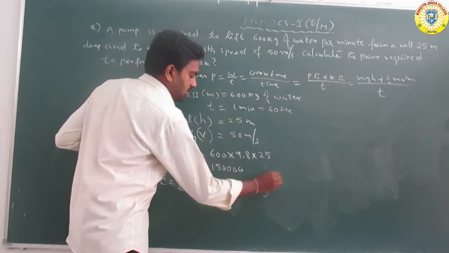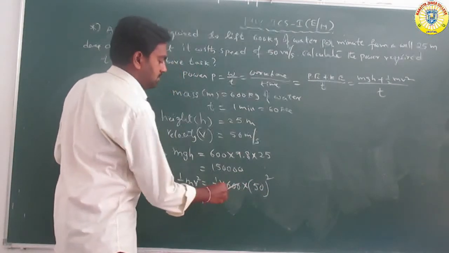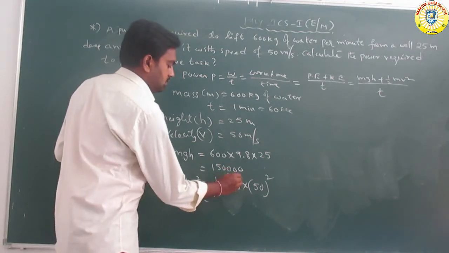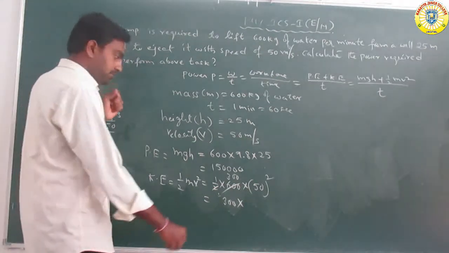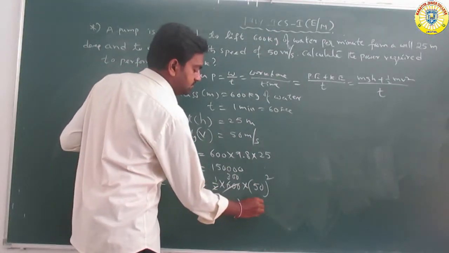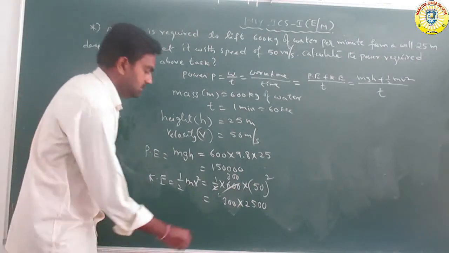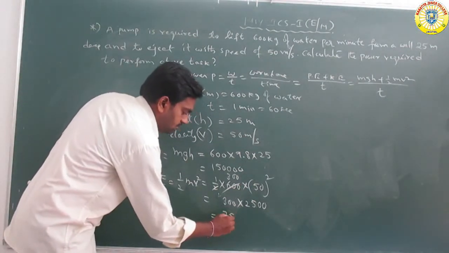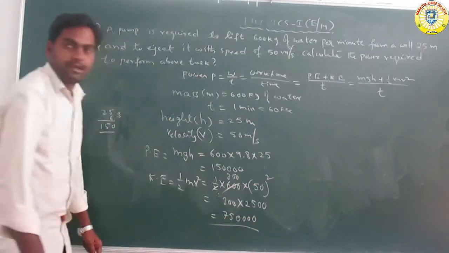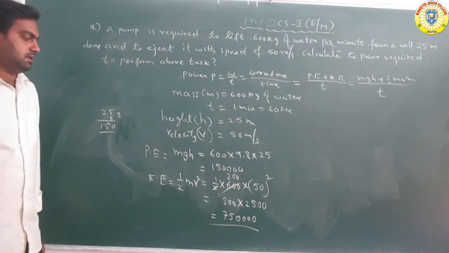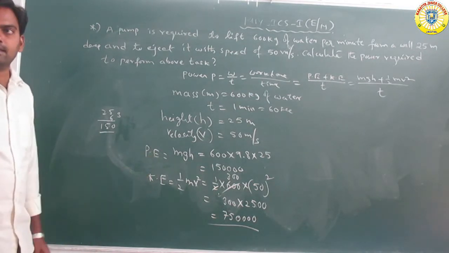Half of 600 is 300, into 50 square. 5 square is 25, so 2500. 25 into 3 is 75, with 2 zeros and 2 zeros, that is 4 zeros.